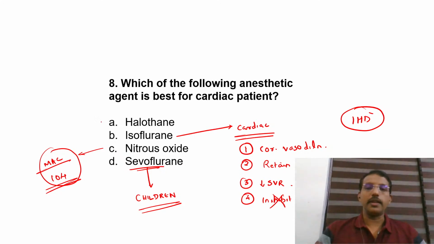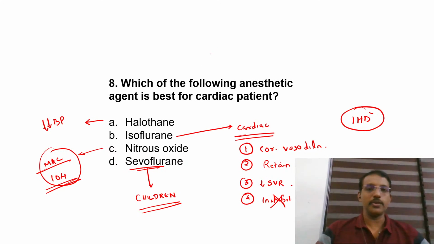No. Halothane. Halothane is a very good induction agent, that is true, but you cannot use it in a cardiac patient because it reduces the blood pressure significantly. A rapid fall in blood pressure is there in halothane. So halothane, first of all, it's outdated. Nobody uses halothane nowadays. Yeah, that's right. Altaf, as you rightly mentioned, it is in children. We have already discussed.